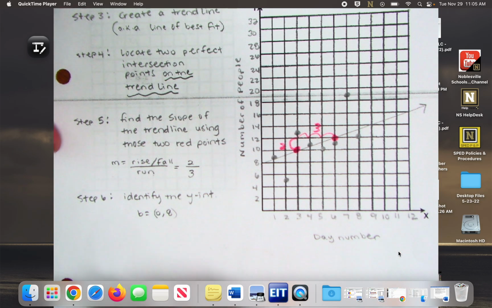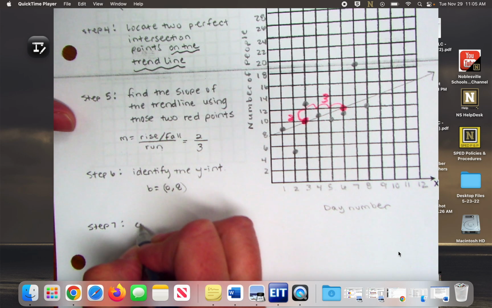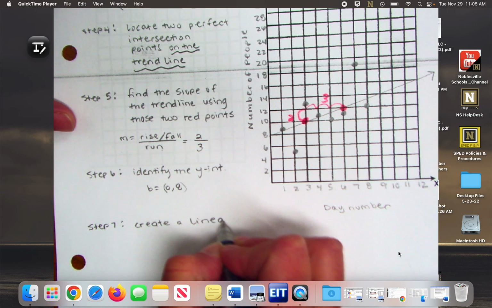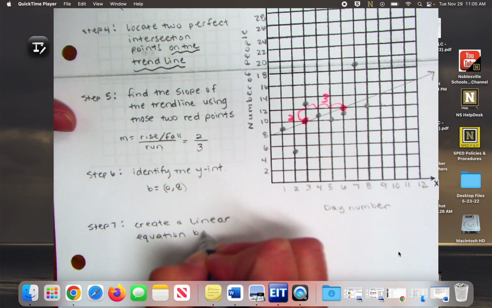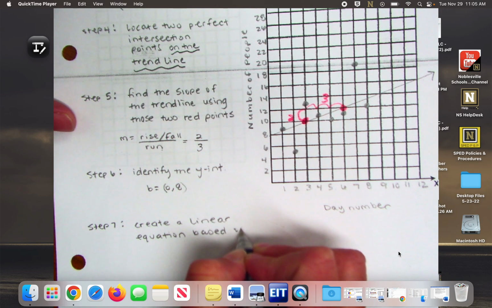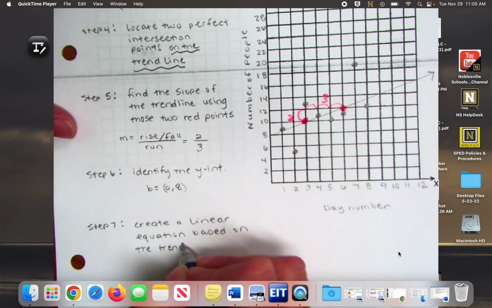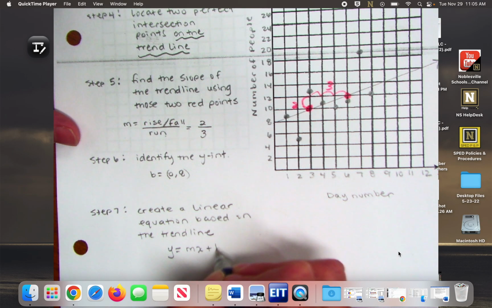And then our last step, step 7, is to create a linear equation based on the trend line. So that linear equation is going to follow y = mx + b.